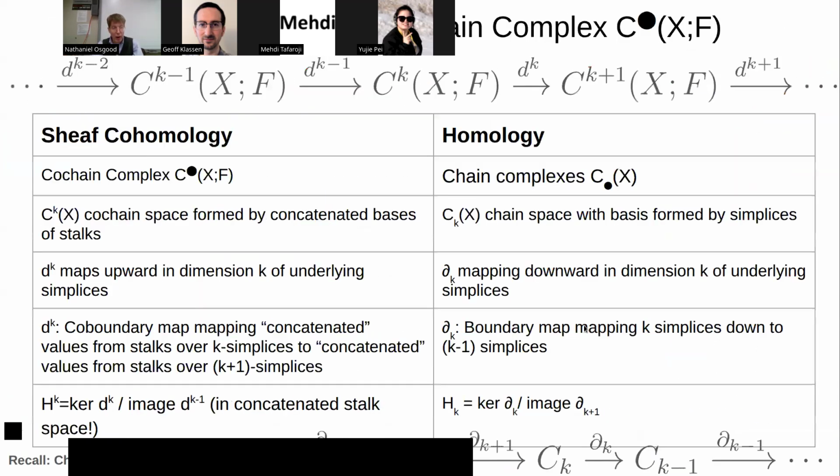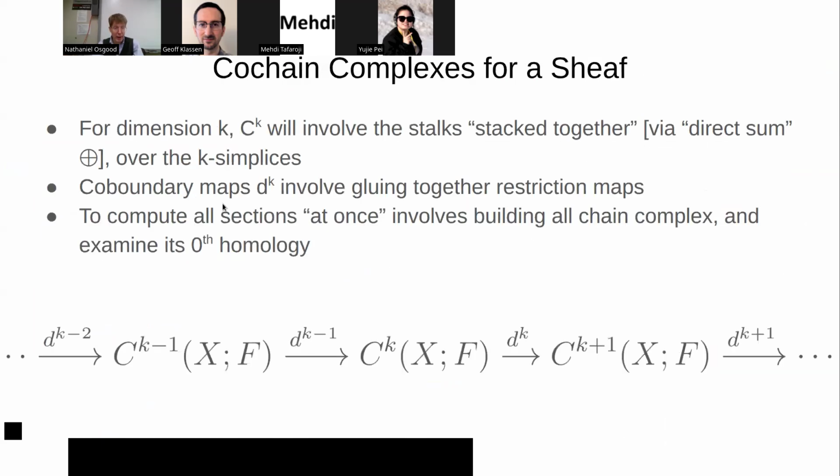And so at the end of the day, this is going to be a big vector of possible values. So the vector space for this will state all possible values the K simplices could take on. Why are we interested in it? Because the global section will be some subset of those, right?